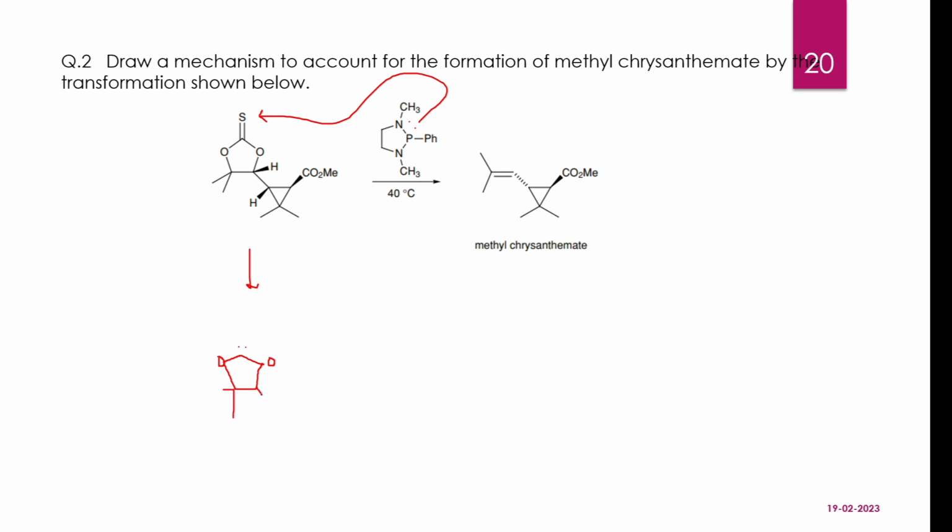This carbene intermediate will undergo a rearrangement by elimination of carbon dioxide, giving us this alkene as the product. I think this was easy because you already have learnt about this reaction in the last session.